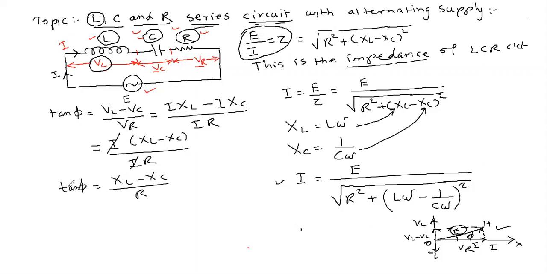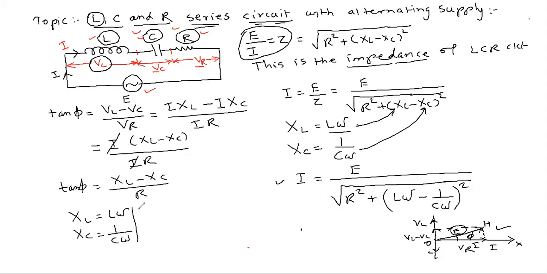Again, if you want to put the value of XL, what is the value of XL? That is L omega, and the value of XC is 1 upon omega C. So I can write here XL is equal to L omega and XC is equal to 1 upon omega C, or C omega.